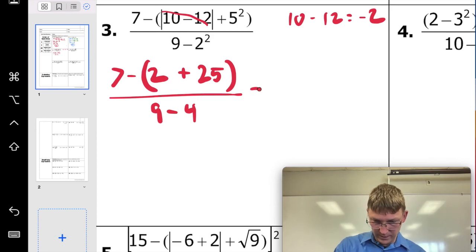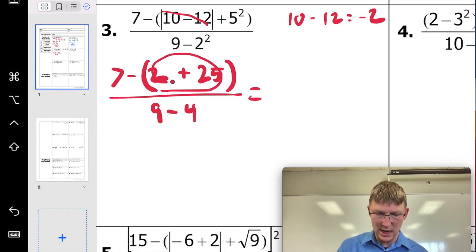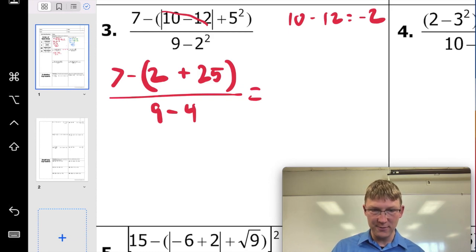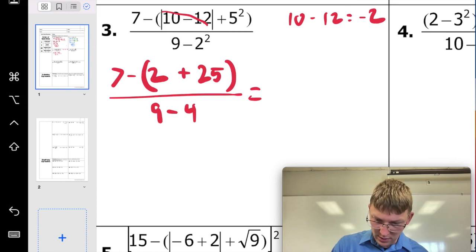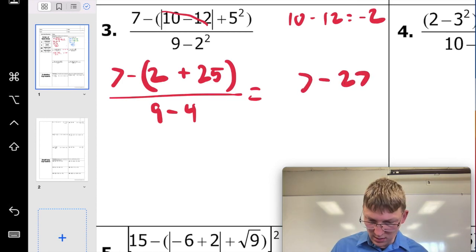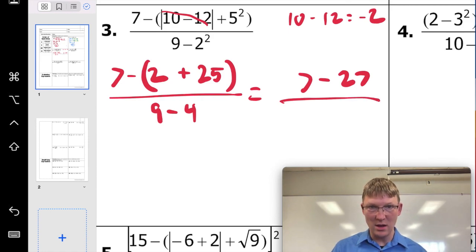So let's move off to the right so we can do the inside here. So 2 plus 25 is 5, 6, 7. So we've got 27. That 7 is still there. And then the 9 minus 4. Again, you can do that one now or later.